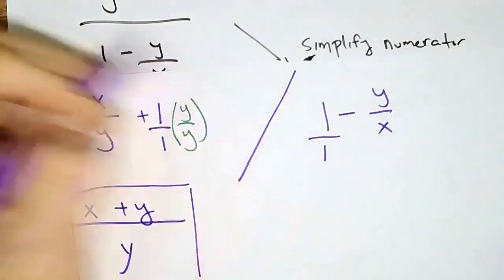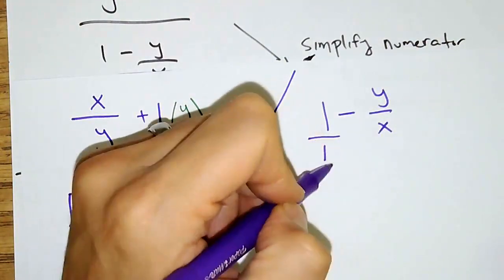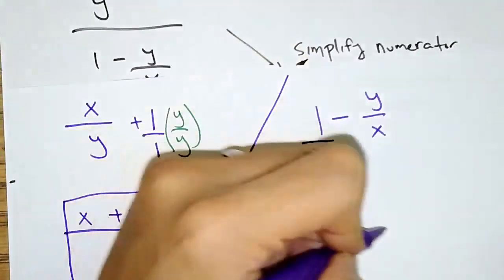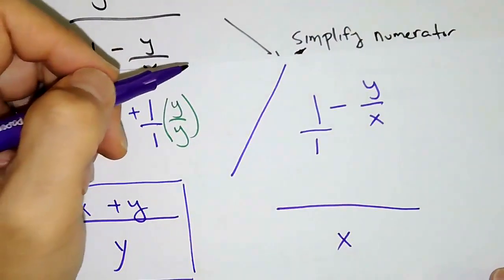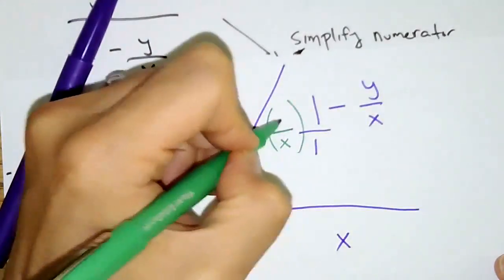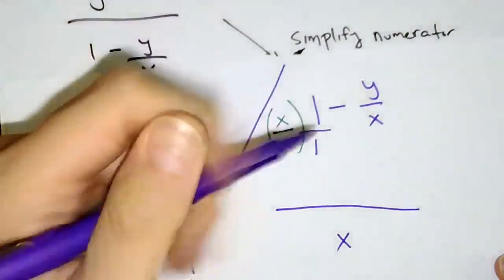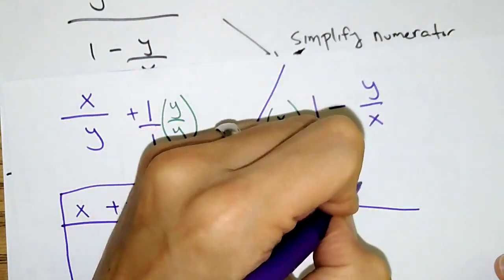Here again, I'm going to do the same thing, 1 divided by 1. Between 1 and x, my LCD is x. So I'm going to label x as my denominator. I need to multiply here by an x. So I multiply an x on top. x times 1 is just x. Minus here, I don't need anything, so that's just a y.